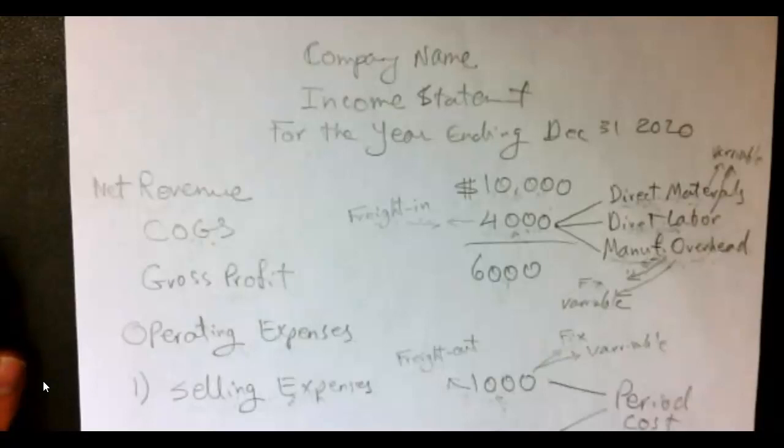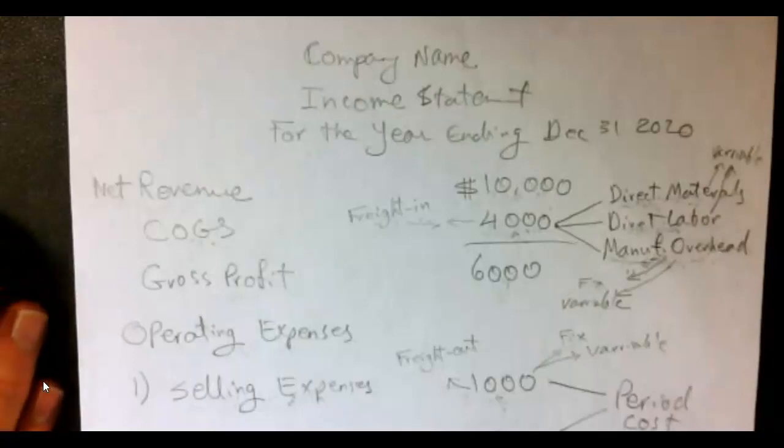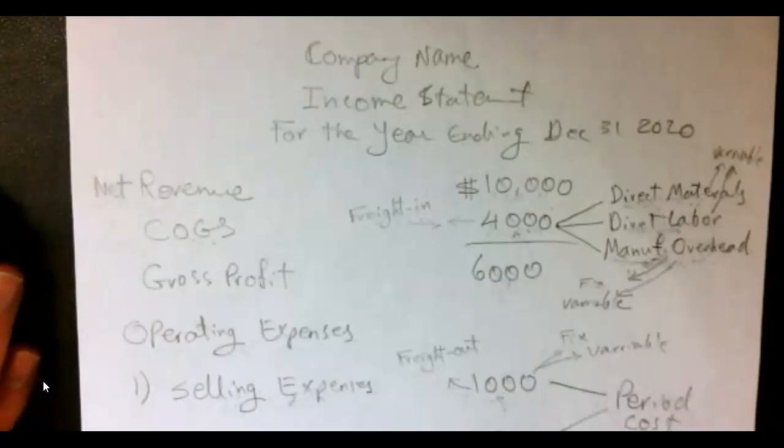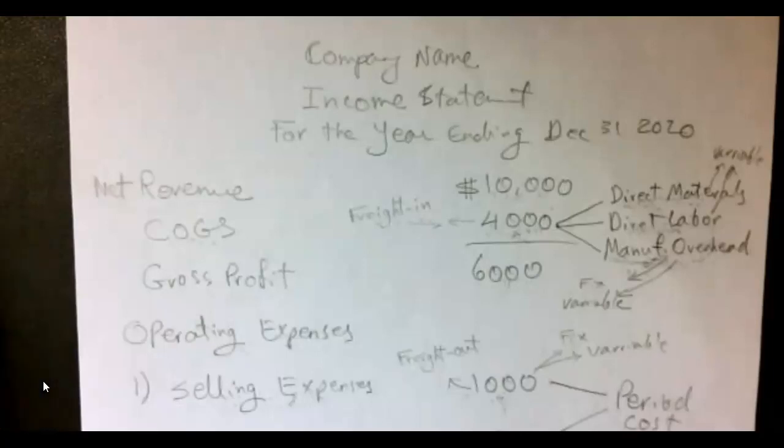Now, as you see here, this is an income statement. The company name is at the top, income statement for the year ending December 31st, let's say 2020. You learned this already in financial accounting. You learned also the income statement has revenues at the top, which is net sales, and let's say in this example, $10,000, right?